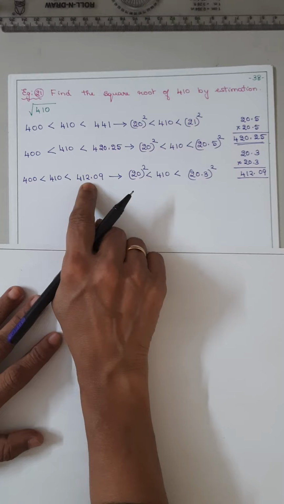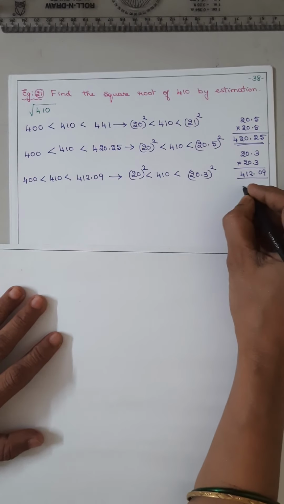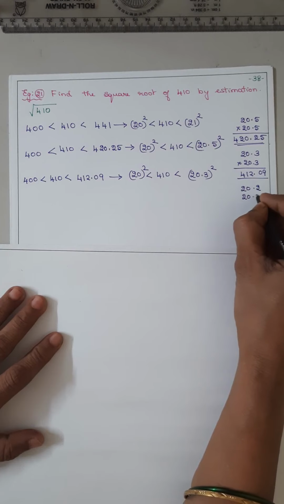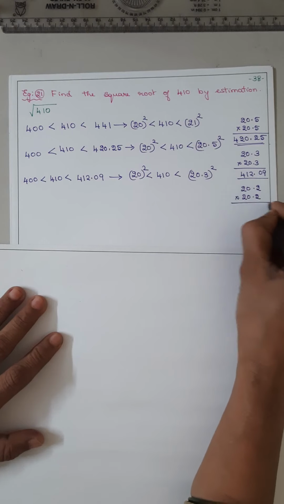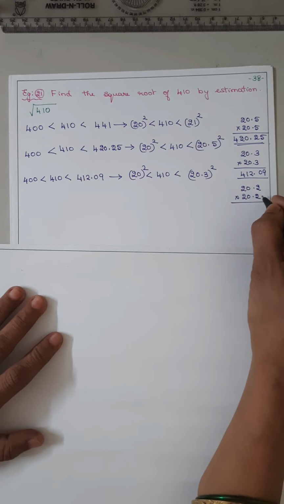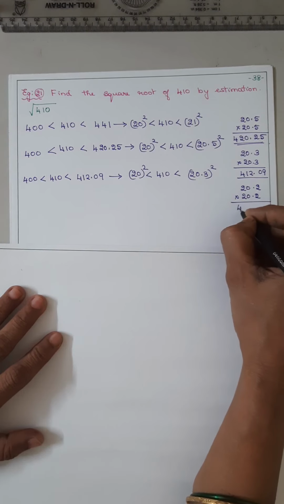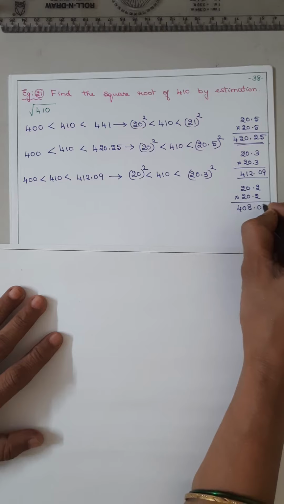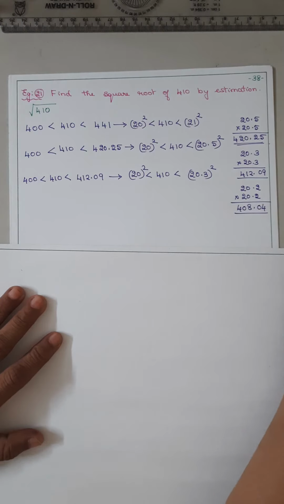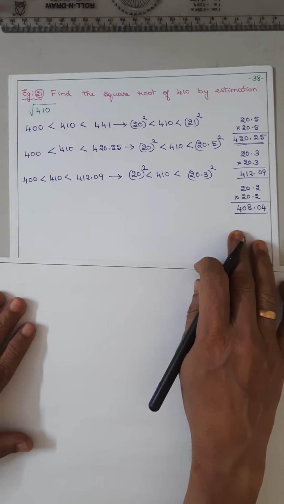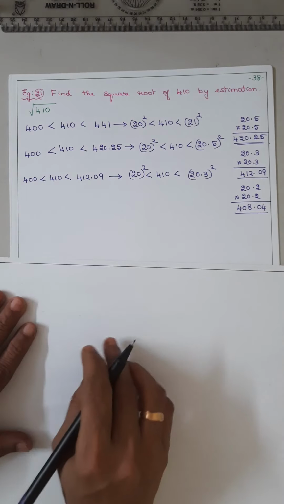Now check, it is almost near, isn't it? 410 and 412. So try with one decimal less, 20.2. So how much answer is 408.04. You got how much? 408.04 means it is less than 410.